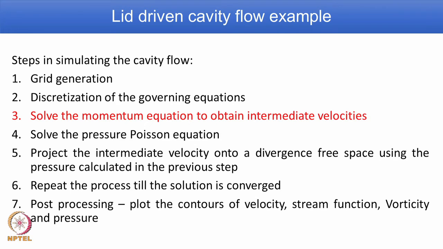The problem we consider to demonstrate is flow in a lid driven cavity. We listed in the last module the algorithm or steps involved in arriving at a code and numerical strategy.